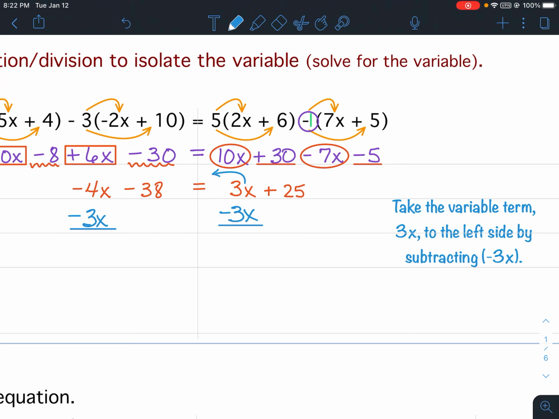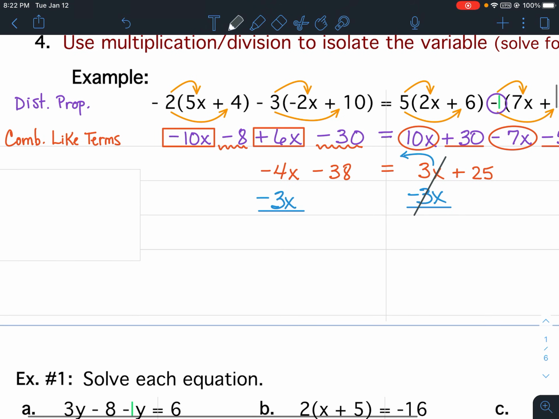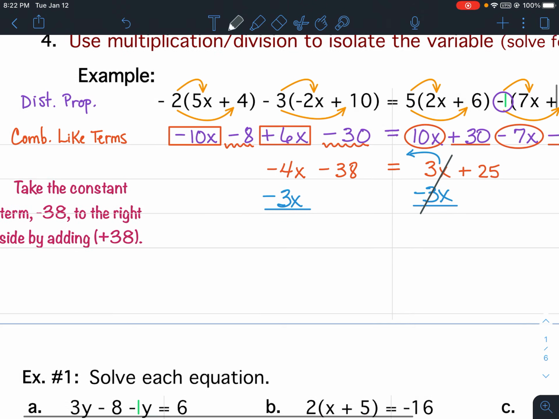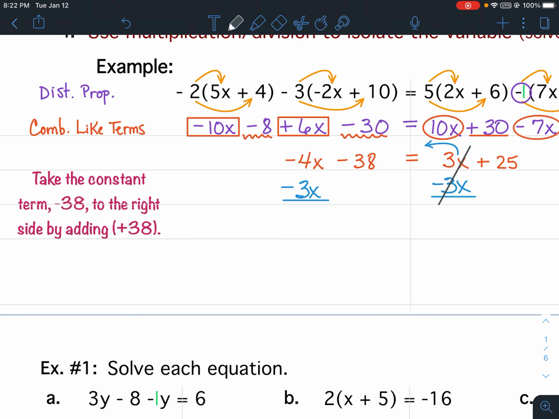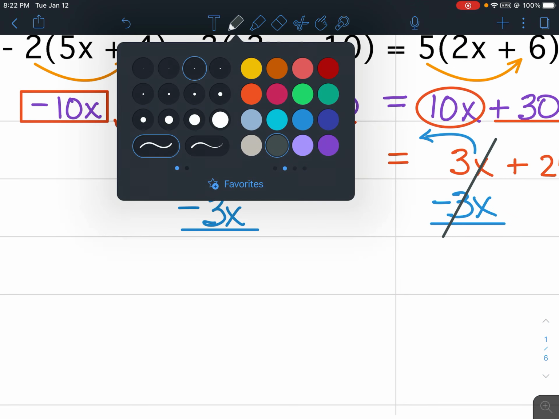All right, now that allows me to cancel the 3x's. During that same step, I want to take the constant term to the right side of the equation. Since the constant term is a negative 38, I'm going to add 38 to both sides.